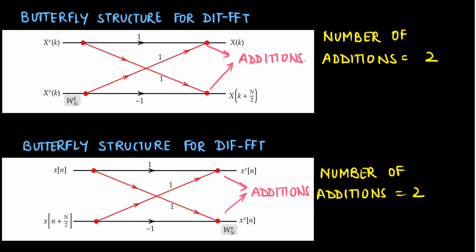Now let us try to find the number of multiplications. We have a multiplication here, that is we multiply x odd of k with W_N to the power k, that is with this twiddle factor. So we have one multiplication here, and we are not going to consider the multiplications by these scaling factors, that is 1 and -1. So the total number of multiplications at each butterfly structure is 1.